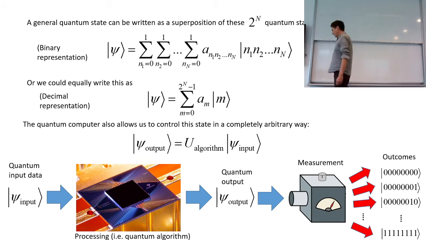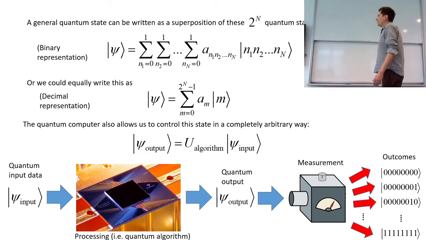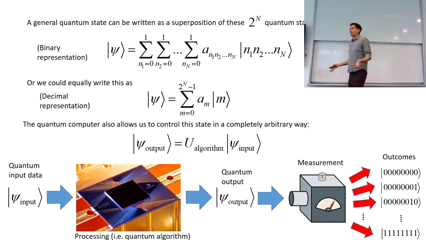As we've learnt in the last set of lectures, an algorithm is just some kind of unitary operation. It needs to be unitary because ultimately, Schrodinger's equation is the underlying physical law, right?